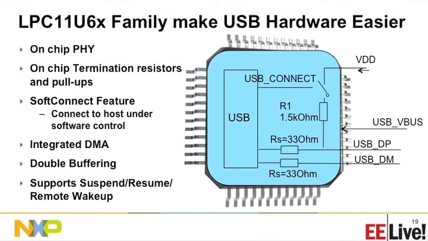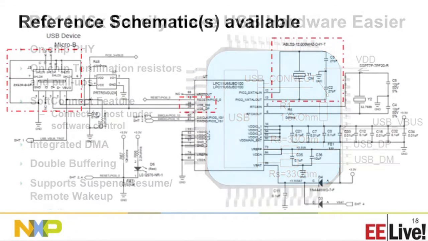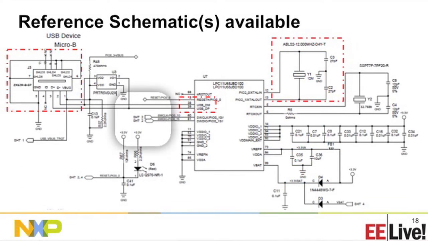For NXP parts, we provide a 33 ohm external termination resistor for operation in full speed. However, for this particular family, we have the 33 ohm termination resistor built on chip, on both the D plus and D minus lines. That's why in the previous schematic, we do not need termination resistors on the D plus and D minus.